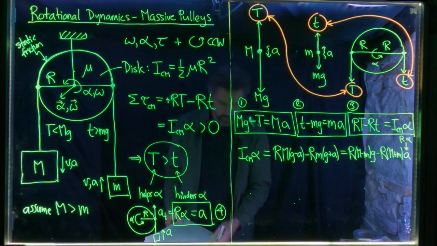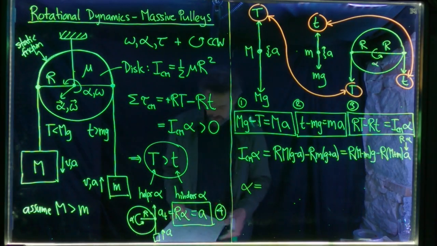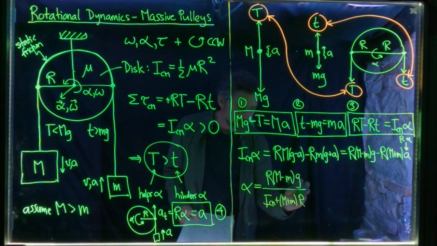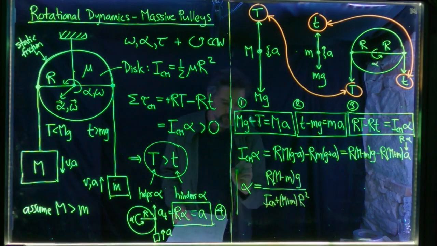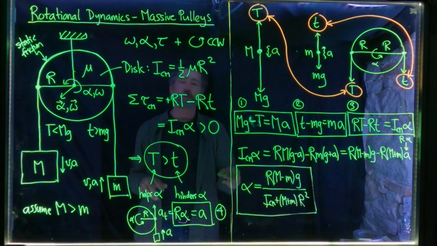What you end up with is alpha, the angular acceleration of that pulley in the counterclockwise direction, is R times big M minus little m times G divided by I_CM plus the sum of the masses times R squared. So that's our answer for the angular acceleration of that pulley.